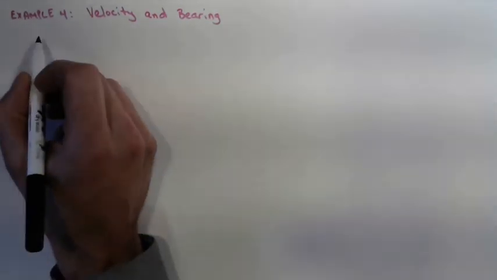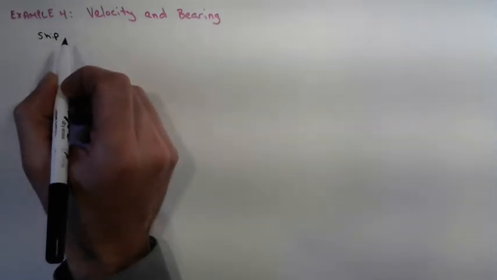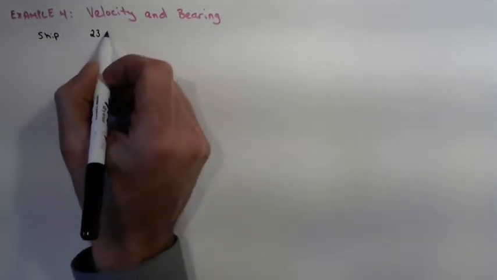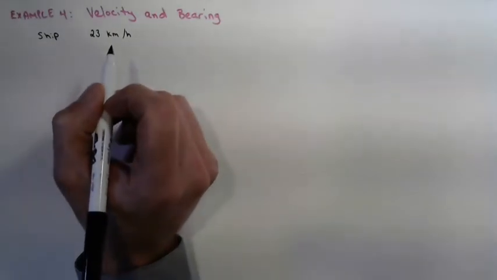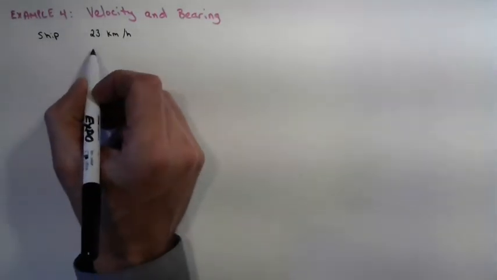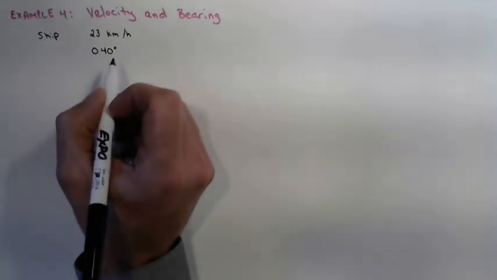Example 4 puts this geometric into Cartesian form type work into a more complicated word problem. We have a ship and the current. First, some information about our ship. Its course is set to travel 23 kilometers per hour relative to the water on a heading of 40 degrees.